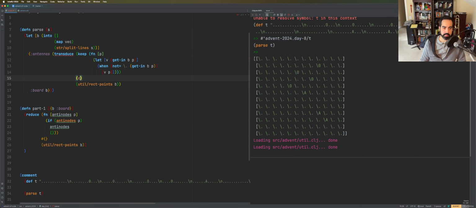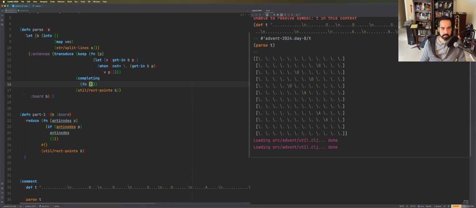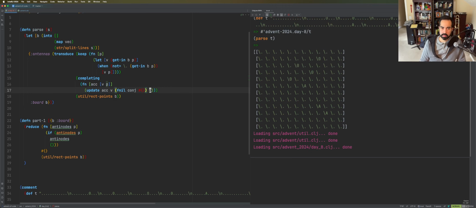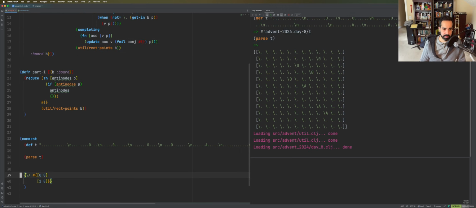And then completing accumulator V and P. Update in accumulator V, update, just update, not update in, fnil, conj fnil, what, conj P, right? So this should give us that this looking thing.